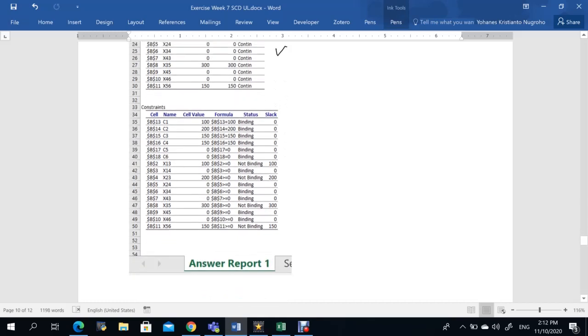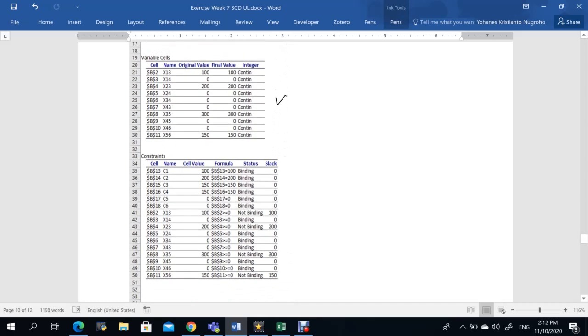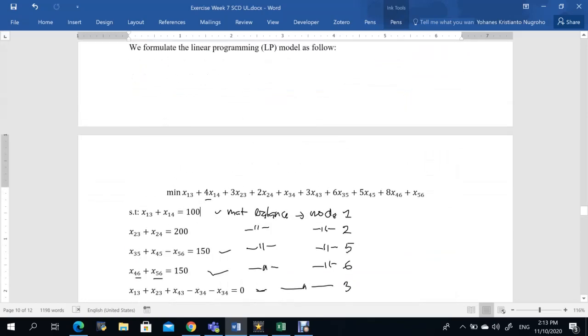We also have the constraint table. As I said before, binding means there are no slack variables used in this constraint, and there are non-binding constraints here. For example, x13, that is 100, is not binding, and also x23. Let's check here.